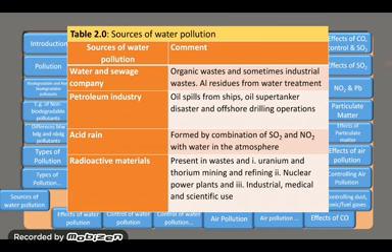Aluminum residues from water treatment can also contaminate water. Then another is pollutants from the petroleum industry, in the form of oil spills from ships or oil supertanker disasters.